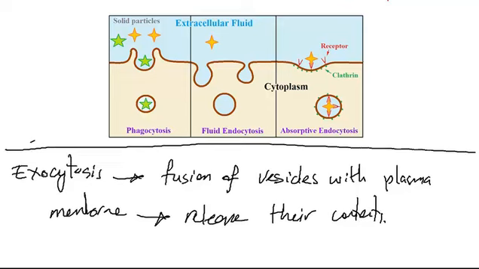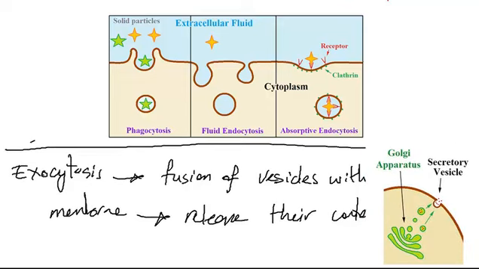And so here again I have another image for you which shows you how the Golgi apparatus sends vesicles to the external plasma membrane in order to release the contents.